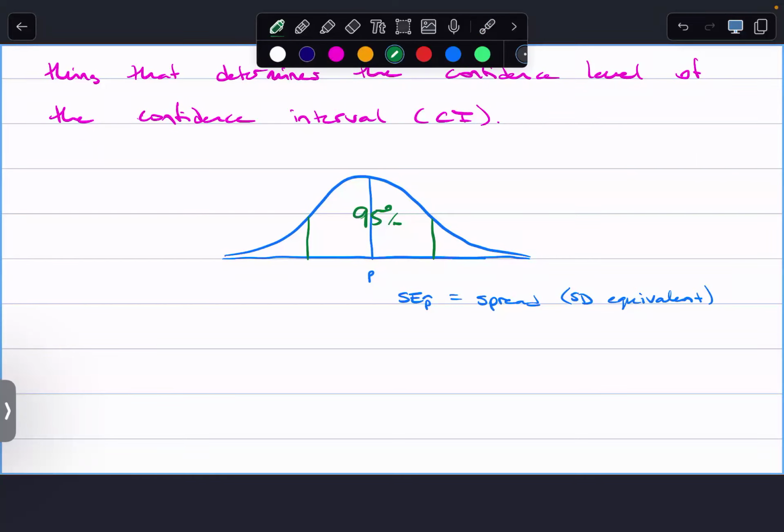And of course, if we want to be more specific, then we would use Excel or some other software, right? And so in general, you're going to move down 2 standard errors of p hat and plus 2 standard errors of p hat for a 95% confidence interval, right?